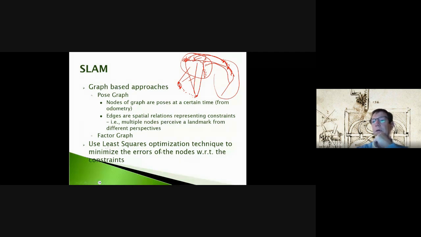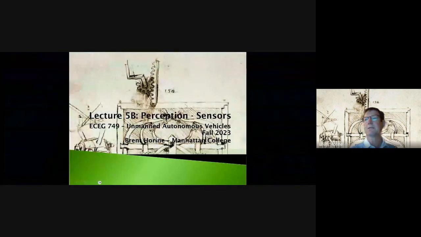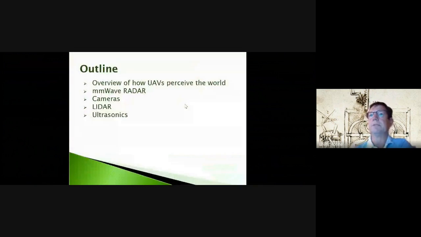With this optimization technique and the least squares approach, we'll minimize the set of errors, the squared errors, so it doesn't matter whether they're plus or minus errors. All right, so that's super high level SLAM, and I will kind of apologize. It's not really an apology, because we have to make decisions on what we can cover, and it doesn't mean SLAM's not important, but I'm just trying to squeeze everything in.